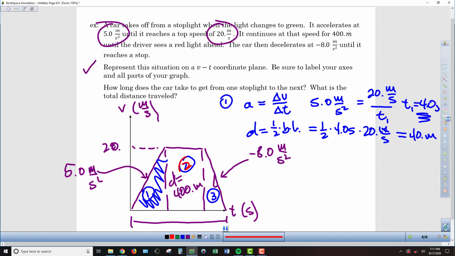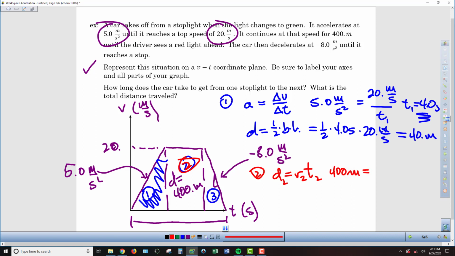We'll switch to red here for part 2. We already know what that distance is, so we just have to figure out what that time for that stretch is. So for part 2, we can say that distance is equal to rate times time. We'll use a d2, r2, and t2 there. So we know that that distance is 400 meters.